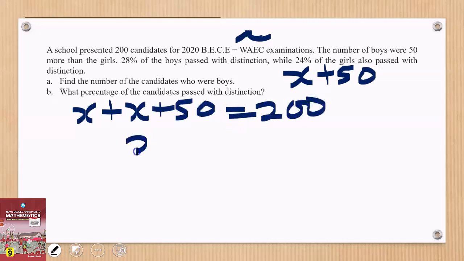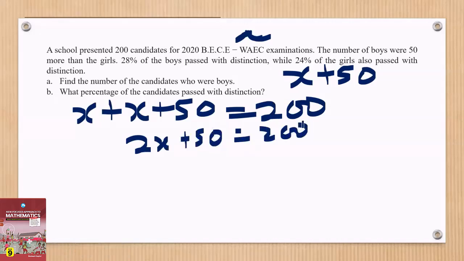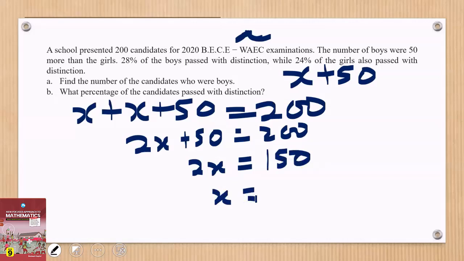So what is the x here? 2x plus 50 is equal to 200. And so we can have 2x is equal to, when you subtract 50 from 200, we get 150. So divide both sides by 2 and that gives us 75. So the total number of girls was 75. In that case, the total number of boys will be 75 plus 50, and that will give us 125.